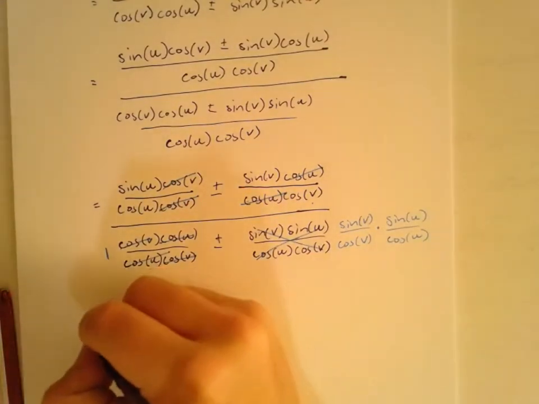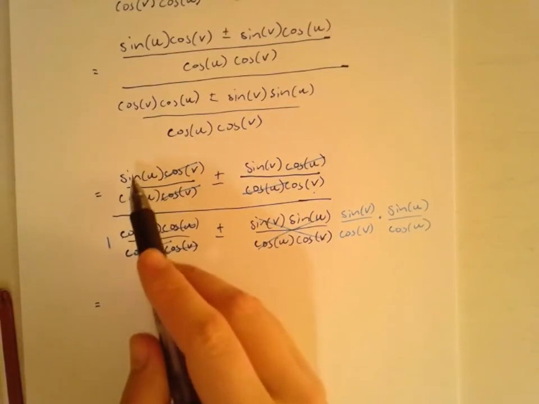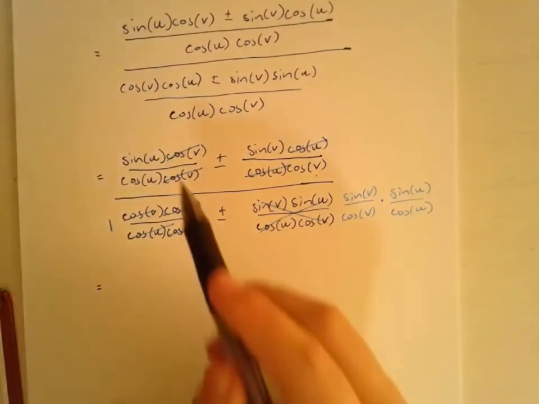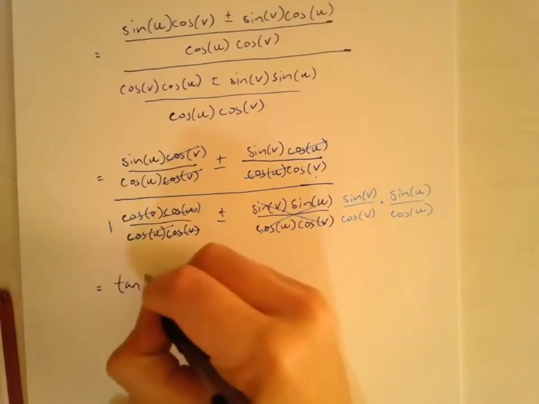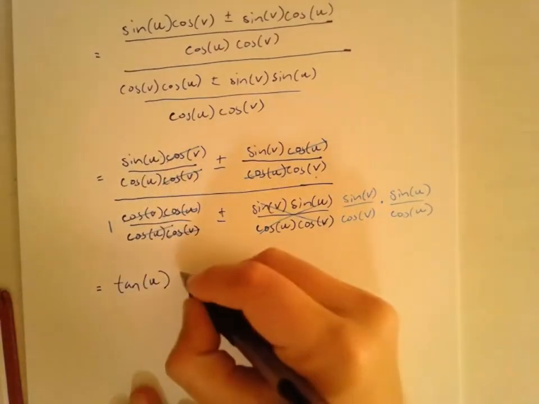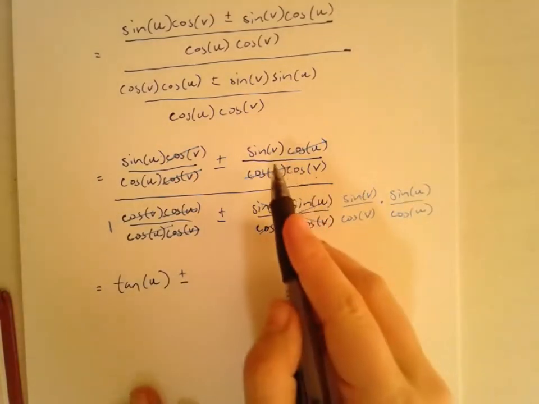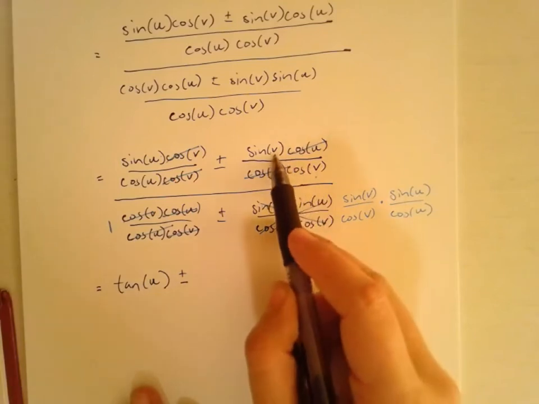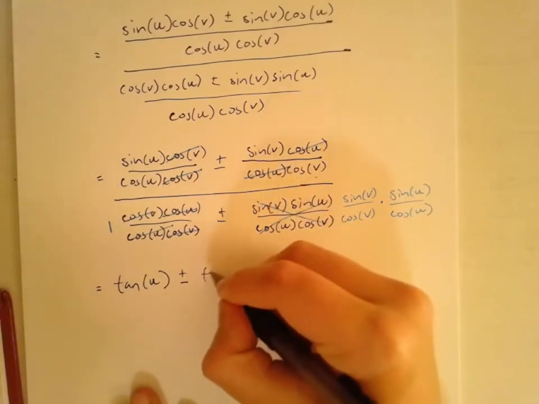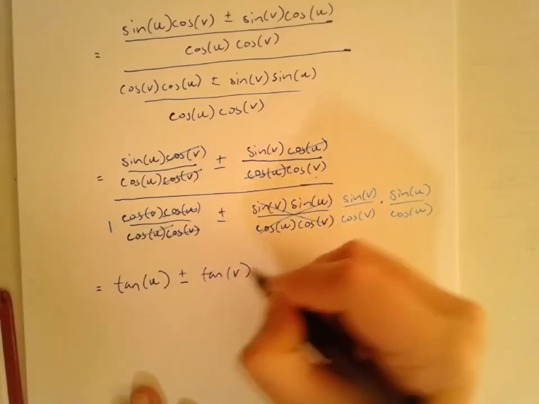So, first things first. Sine over cosine we know is tangent, and the argument is u. So it's going to be tangent of u plus or minus. Over here, same thing. Sine over cosine is going to be tangent, but the argument is v. So it's going to be tangent of v.